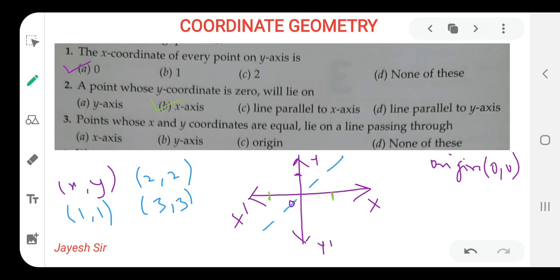The line would pass from here, because 1 1 would be there, 2 2, 3 3, and in the same way minus 1 minus 1, minus 2 minus 2, minus 3 minus 3. That's why we can say the line passes through the origin. So the correct answer for MCQ 3 is origin. I hope you all are getting it.